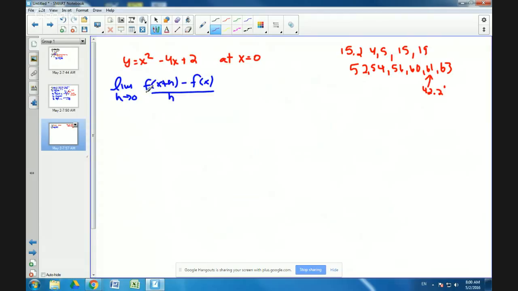So f of x plus h, we're plugging x plus h into each x value.